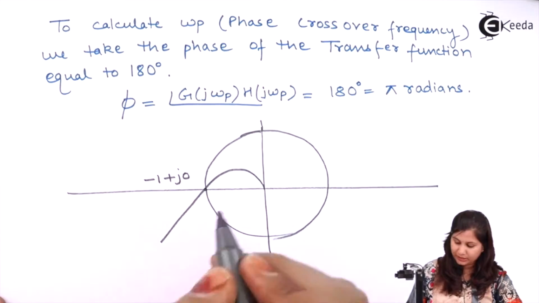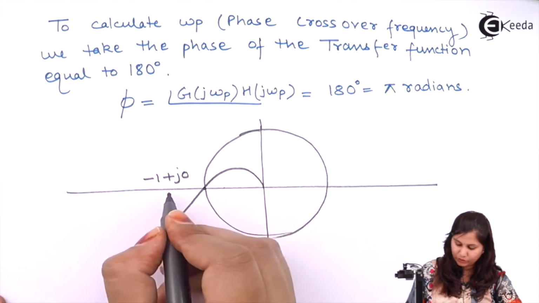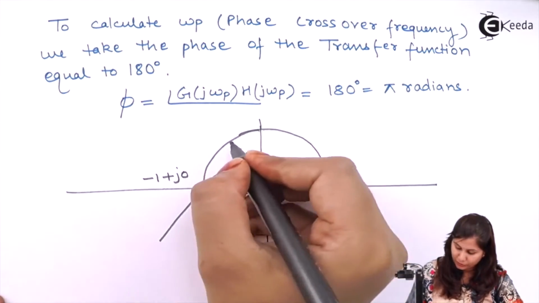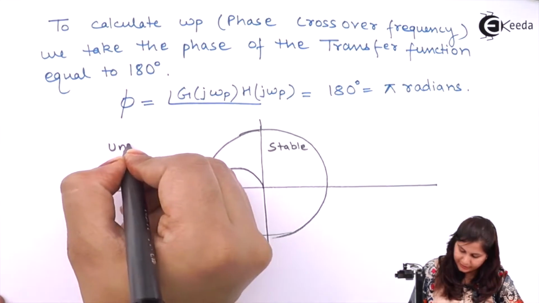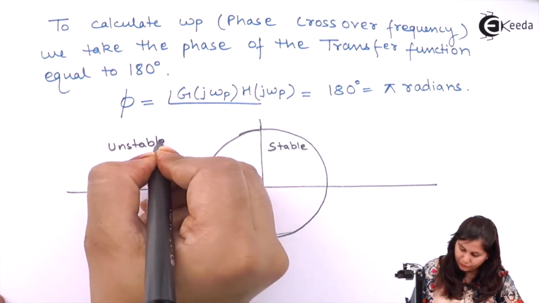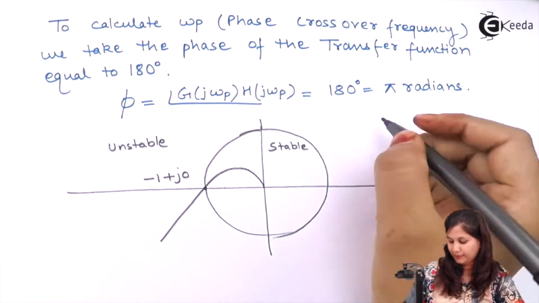When it crosses this, it is moving from the stable to the unstable condition, because inside the unit circle the system is stable, and outside it is unstable. So when it is crossing this point, it is marginally stable.